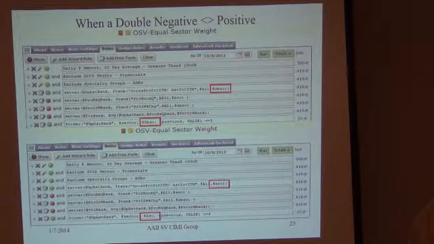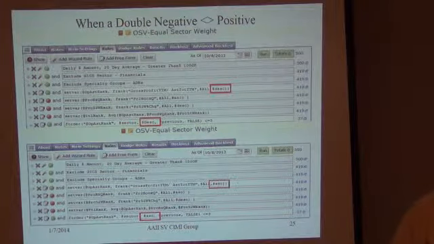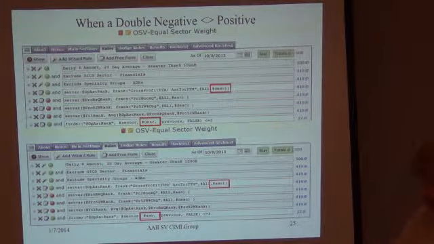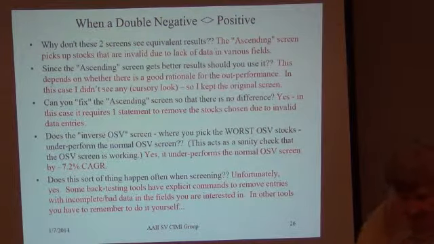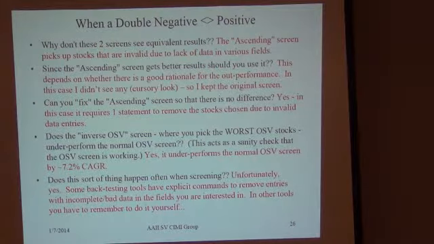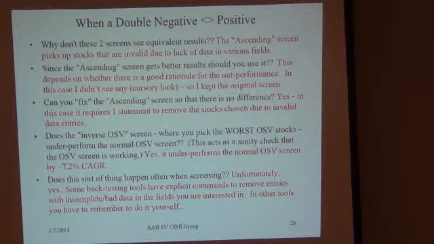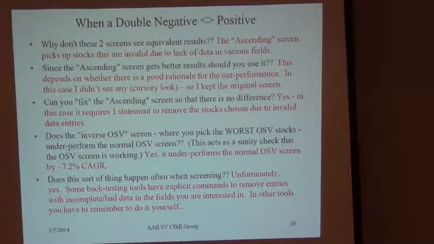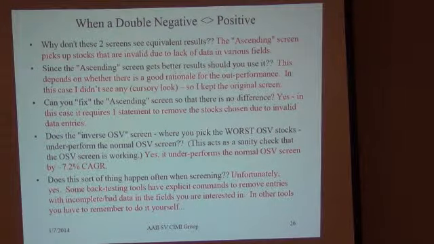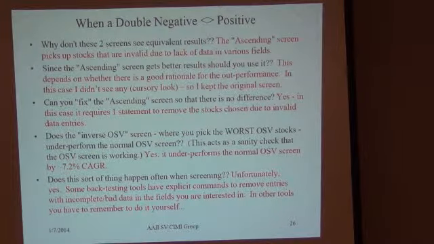It should work, right? There should be no changes, right? No, it didn't work that way. The ascending screen, i.e., the bottom screen, the inverse screen, actually did better. So why didn't you see two equivalent results? When you did the ascending screen, there was some invalid data in the database that caused different stocks to be in your portfolio.